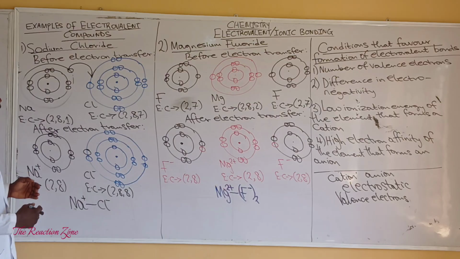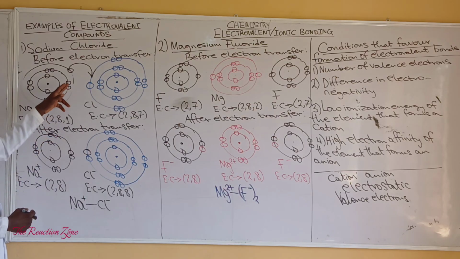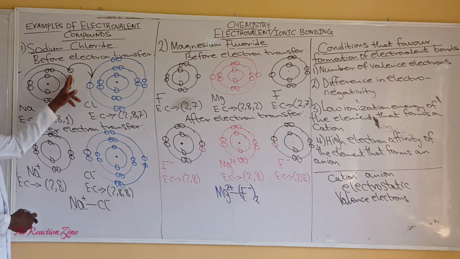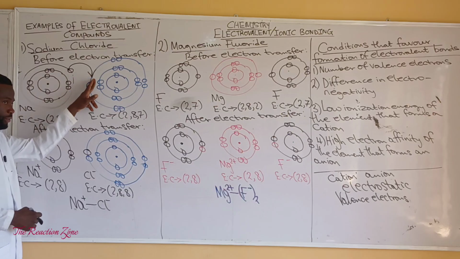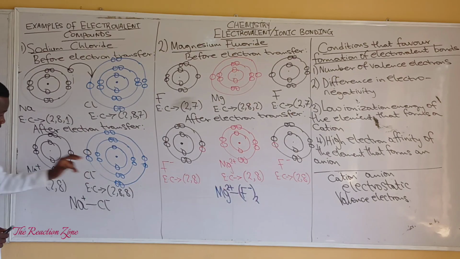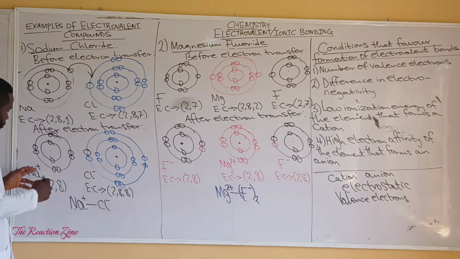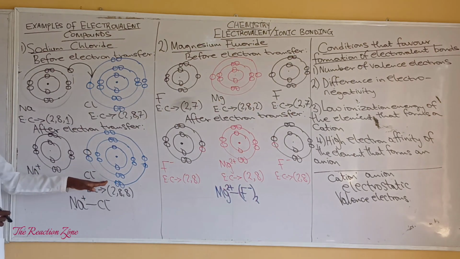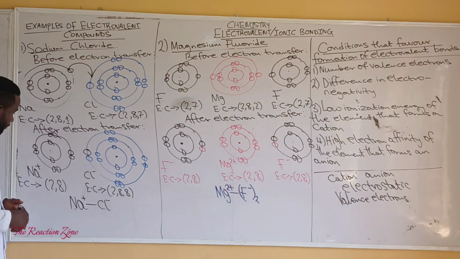So we can see that the transfer of 1 electron from the sodium atom to the chlorine atom results in the formation of a sodium ion as well as a chloride ion. Sodium ion is a cation, chloride ion is an anion.